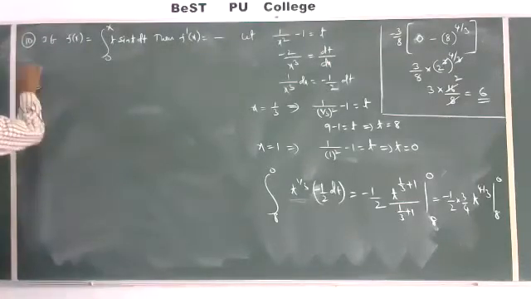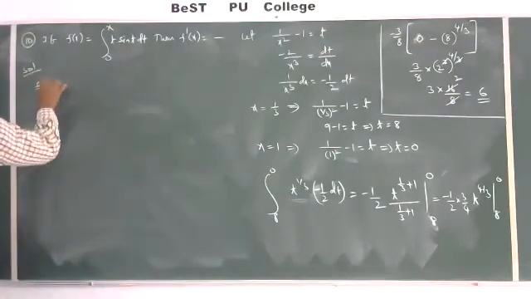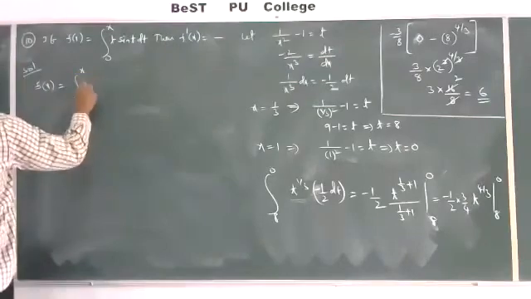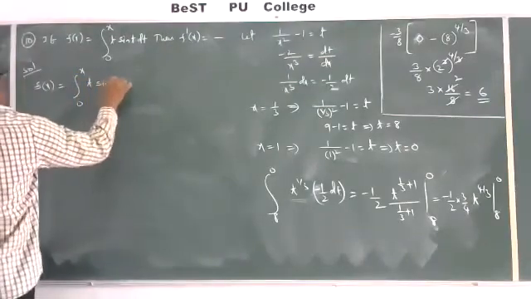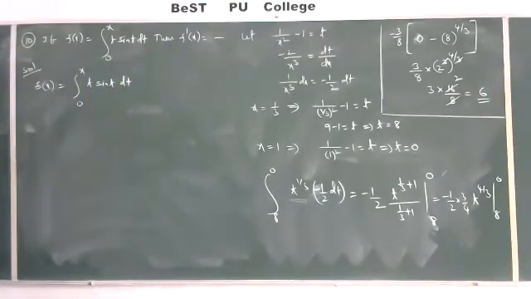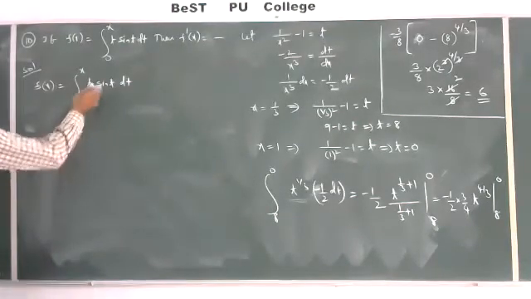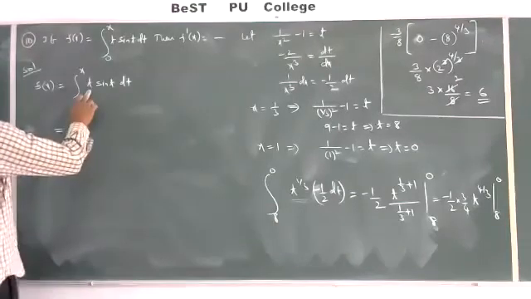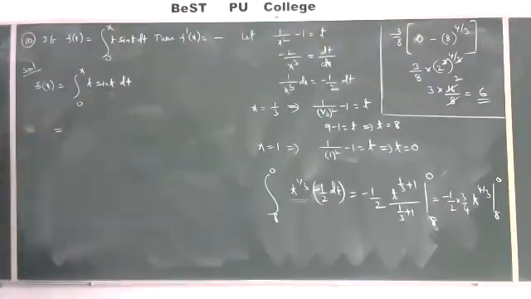So what is the given solution? f(x) = integral from 0 to x of t sin t dt. Here we are doing the integration with respect to t. Using integration by parts, t is the algebraic function and sin t is the trigonometric function.